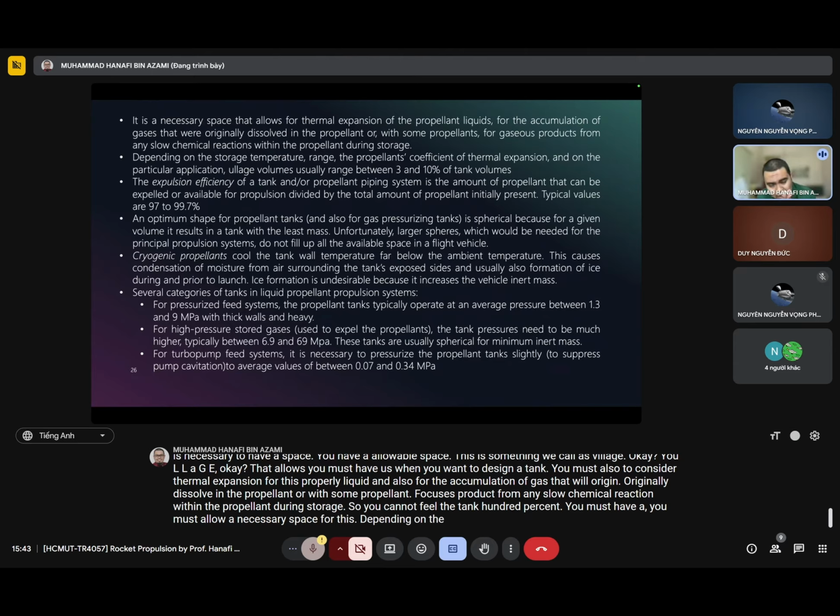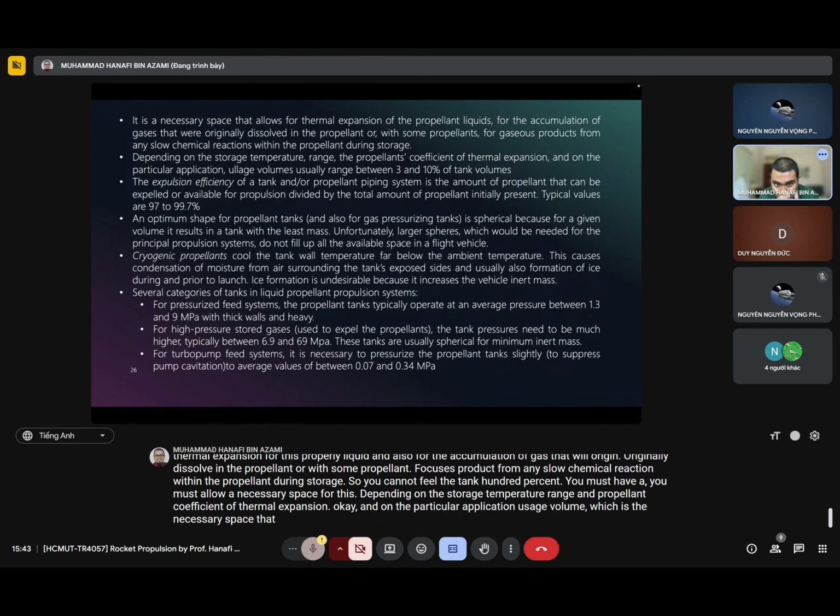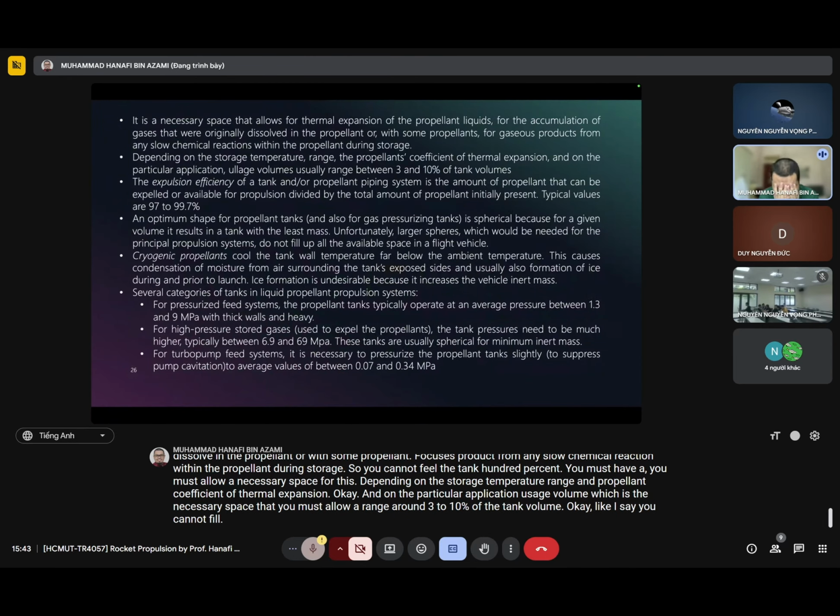Depending on the storage temperature range, the propellant coefficient of thermal expansion, and the particular application, the ullage volume, which is the necessary space that you must allow, ranges around 3 to 10% of the volume. Like I said, you cannot fill up the propellant 100%.